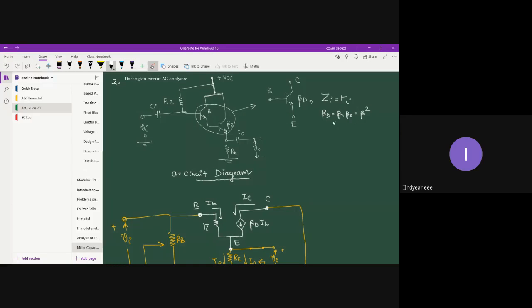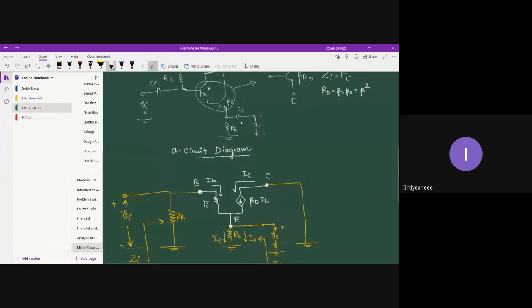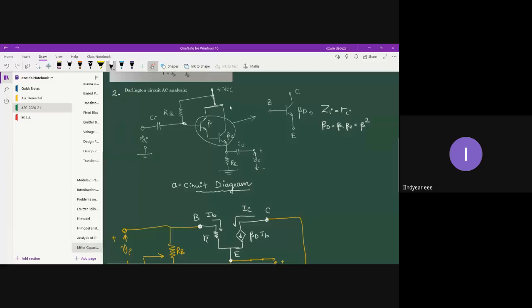So the overall current gain is beta square. The other important aspect of the emitter follower circuit is that the output is observed from the emitter terminal, not from the collector terminal, unlike an amplifier circuit.